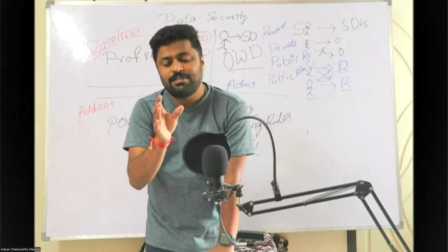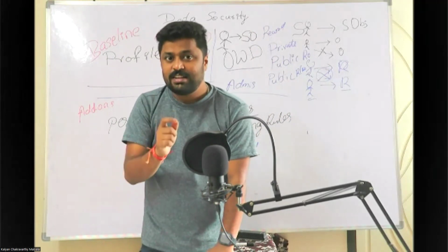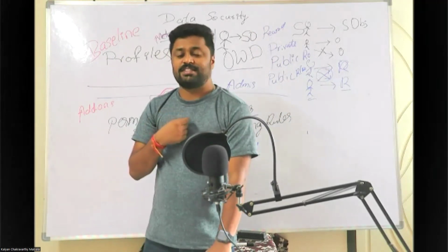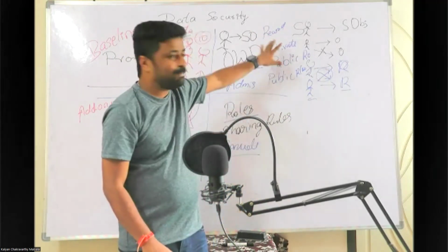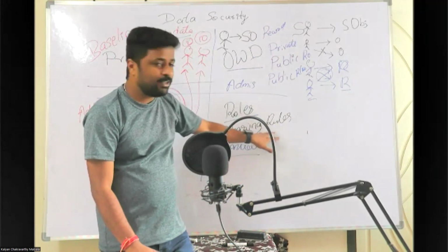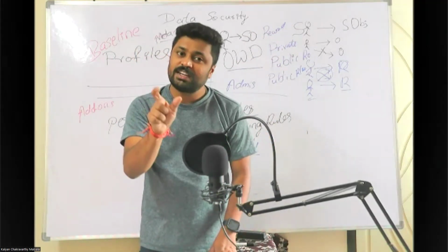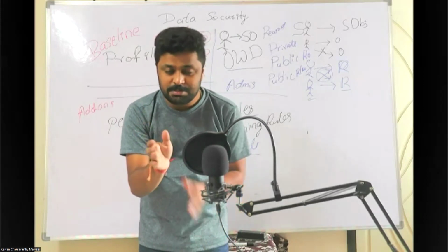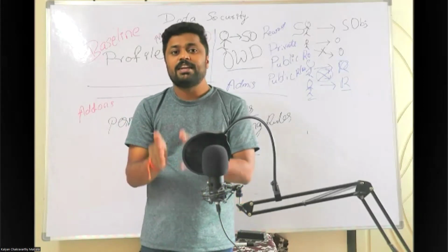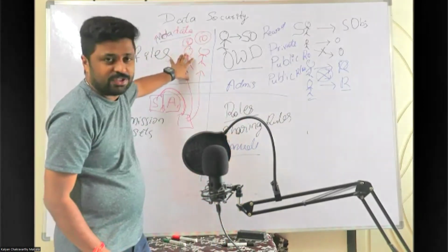So if that picklist value is Java, then I need to access those records. Basically, it's private. But what is the sharing rule saying? If there is a particular value in this particular field of this particular object's record, then it should give access to the particular user.